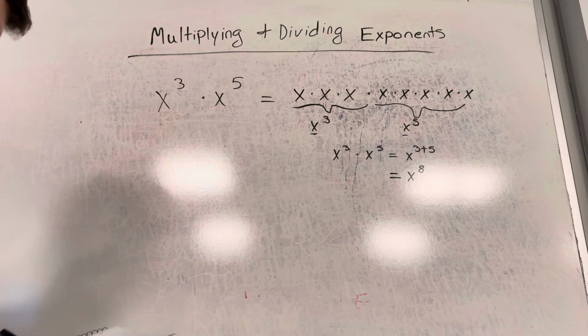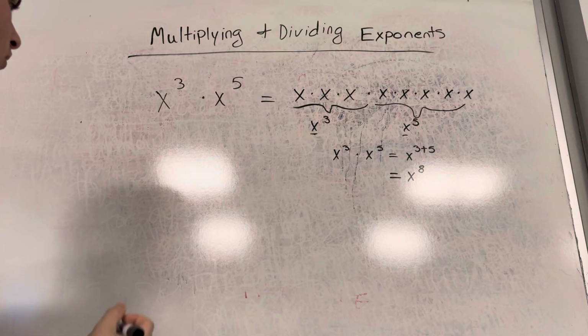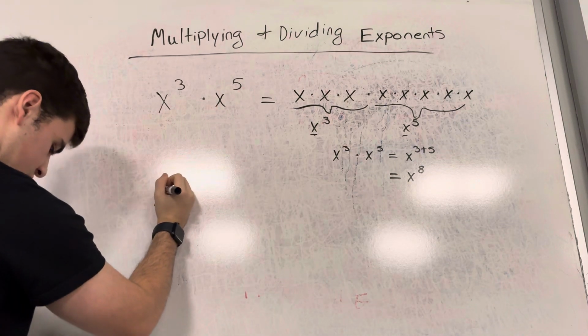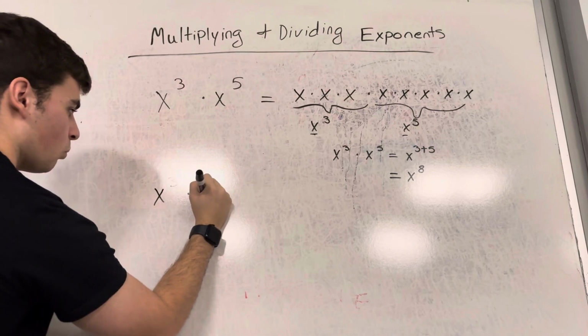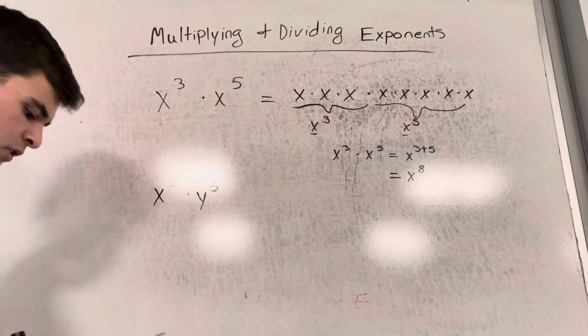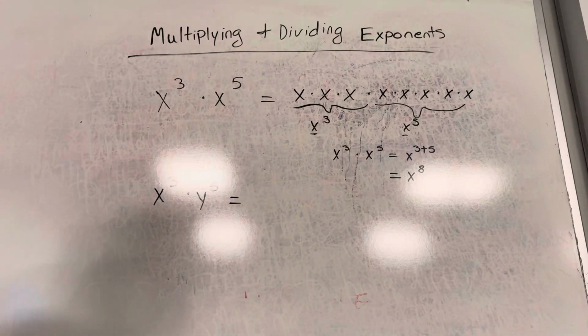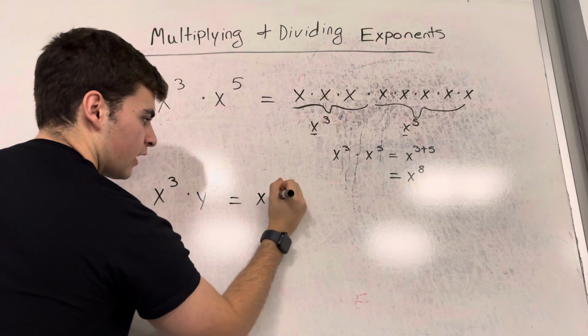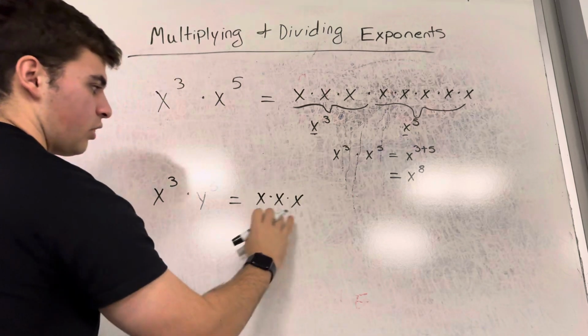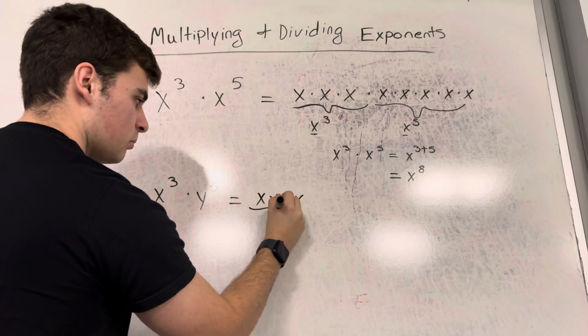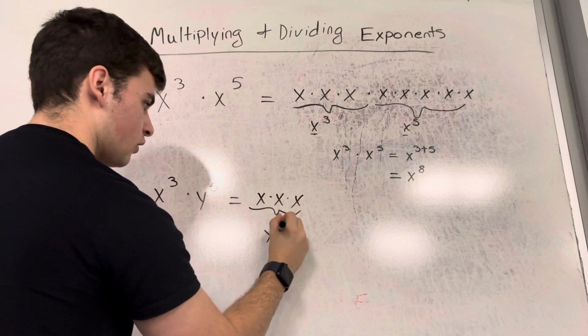Now, if we look at another example, let's look at x to the third times y to the fifth. If we were to unfold this, we would see x times x times x, 3 times. So this would be our x to the third.